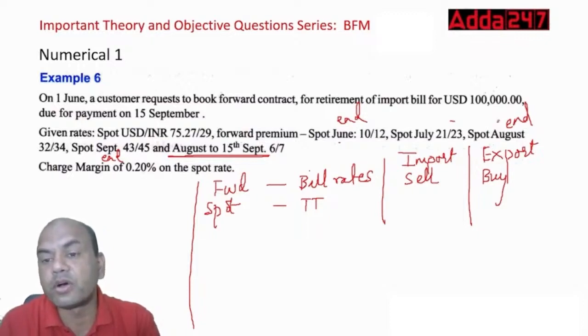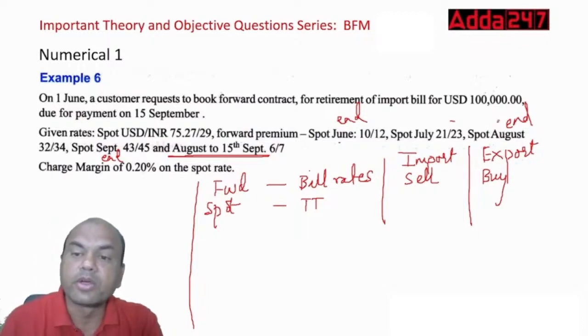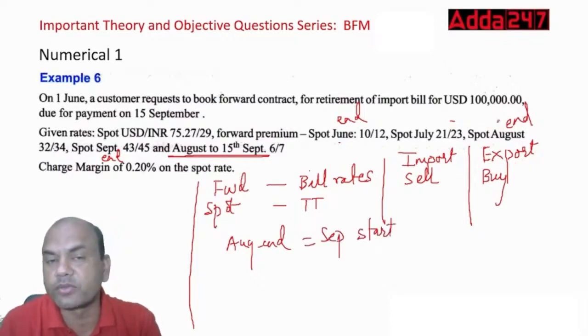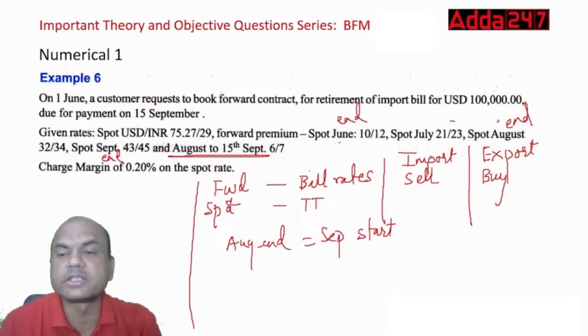I'll have to use the August end rate here. August end is equal to September 1, September start. This is like the closing cash and opening cash of your bank. The closing cash for yesterday is the same as the opening cash for today, isn't it? So the same logic is used over here. August end equals September start.